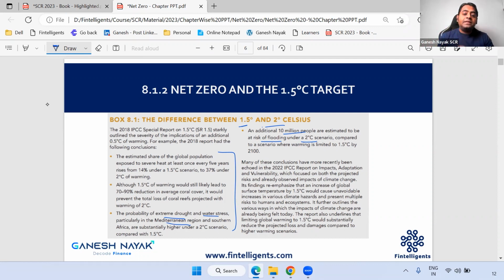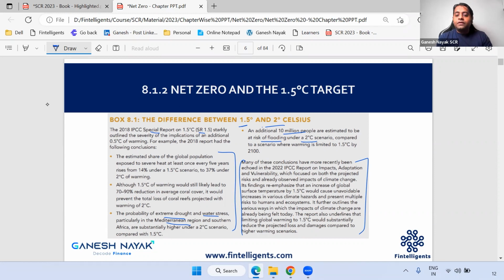So they made an analysis, and this special report is also called SR 1.5. This report talked about what the difference in the climate is going to be for a 2 degrees Celsius increase or a 1.5 degrees Celsius increase. When this report came out, it was also discussed in the further reports of the IPCC.